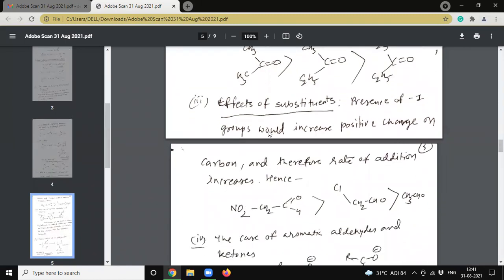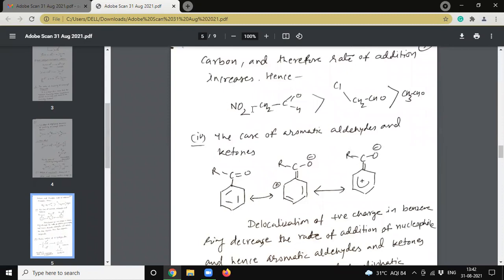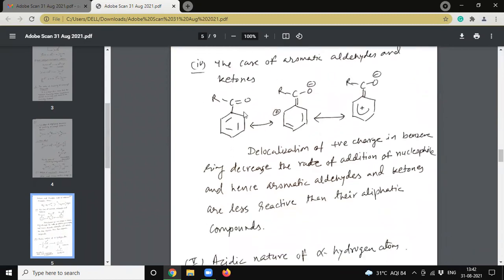Effect of substituents. The presence of -I groups would increase the positive charge on carbon and therefore the rate of addition increases. Hence, see here, if an electron withdrawing group is there, then this reactivity order will be changed.